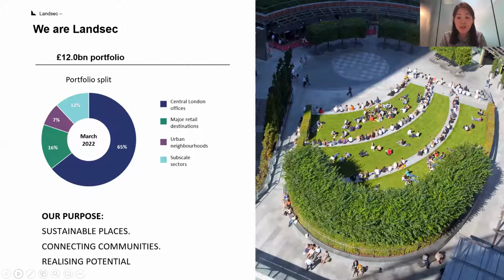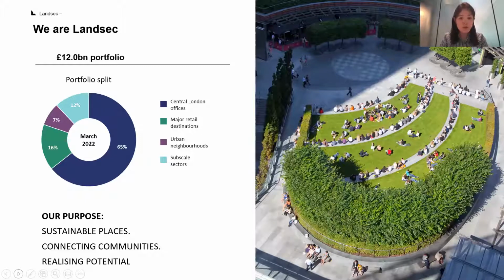We develop and manage a portfolio of 12 billion pounds across 24 million square feet. Our portfolio is mostly comprised of office buildings in central London, retail assets such as shopping centers and outlets across the UK, and we have a growing development pipeline of residential-led mixed-use urban neighborhoods.